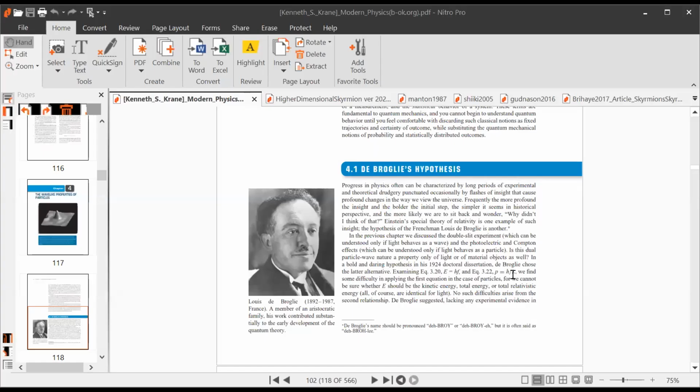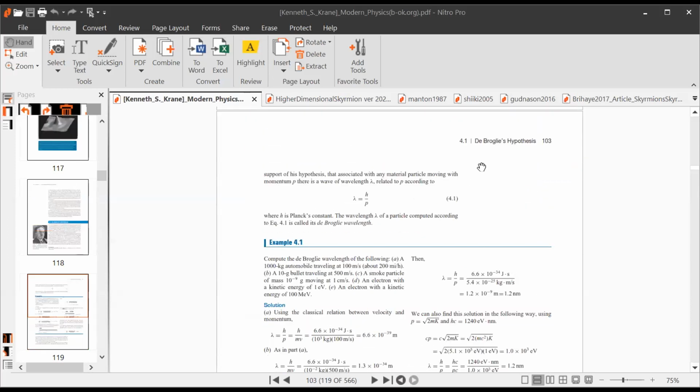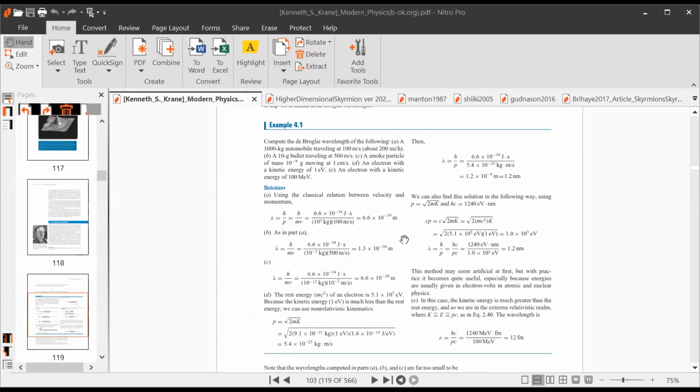This is the book about the de Broglie hypothesis. This is, for example, the comparison between the de Broglie wavelength of a 1,000 kilogram mobile, a car, traveling at 100 meters per second, about 200 miles per hour, and then a bullet, and then an electron with kinetic energy 1 electron volt.